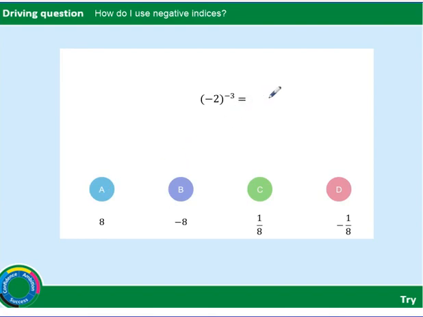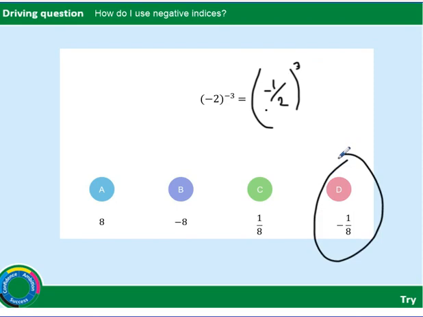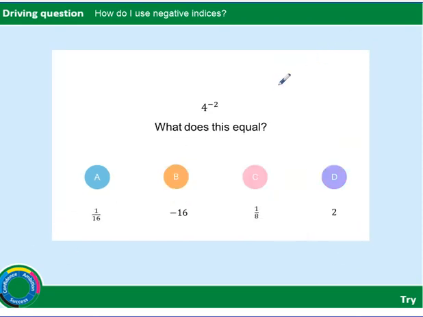Negative 2 to the power of negative 3, but the reciprocal of negative 2 is negative a half. If we raise that to the power 3, negative a half times negative a half is a quarter. Multiply by negative a half again, negative 1/8. This would be 1 over 4 all squared, which is 1 over 16.